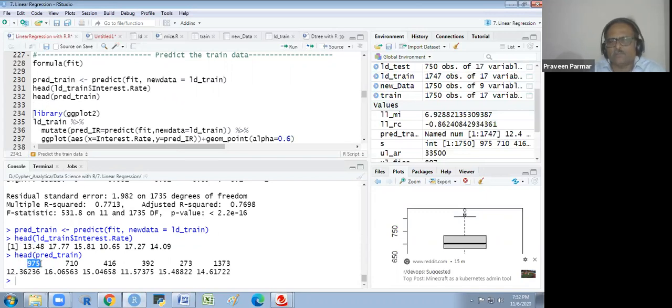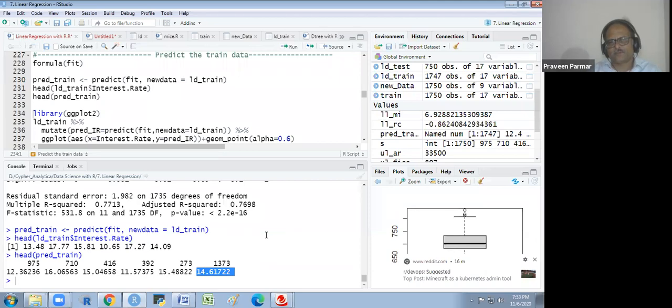This is the observation number. The first observation was 975 indexing, then 7210. We partitioned the data randomly, so it shows that indexing also. But compare this: the first actual is 13.48 and our model predicted 12.36. Second is 17.17, our model predicted this. It is 15.81, our model predicted this. This is 10.65, this is 17.27, this is 14.09, and our model predicted these.